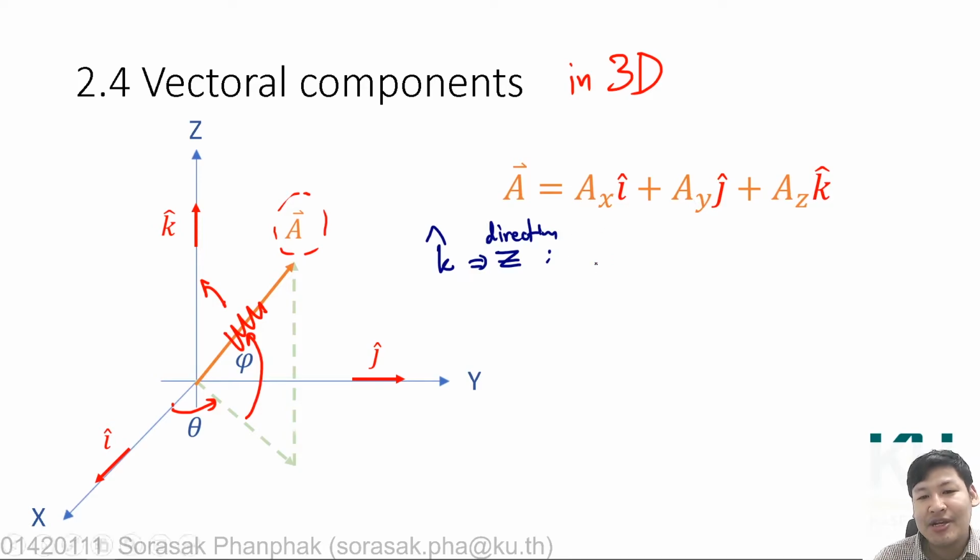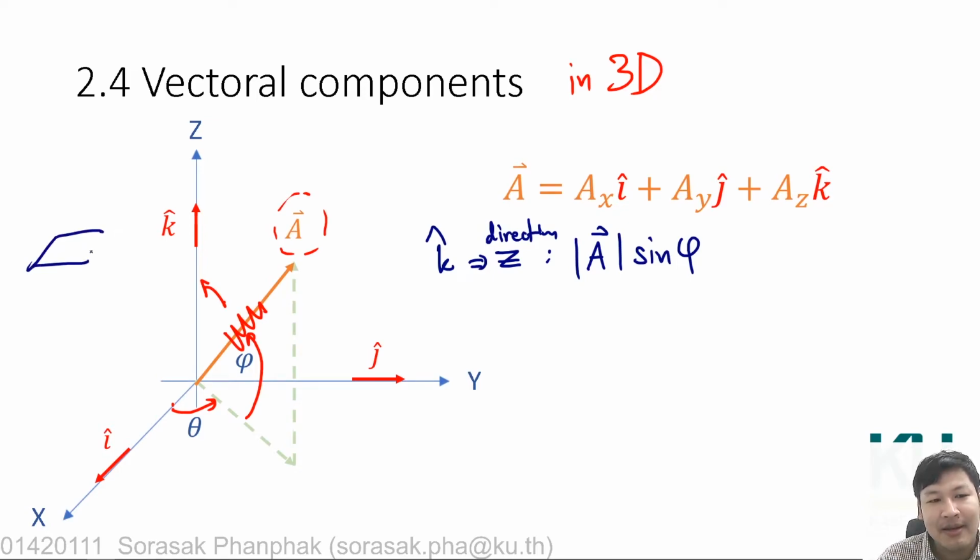So in the z direction you got A sin psi, and you would like to convert to the cos psi angle. That means you flip it to the xy plane. So when you flip it, it's cos psi.